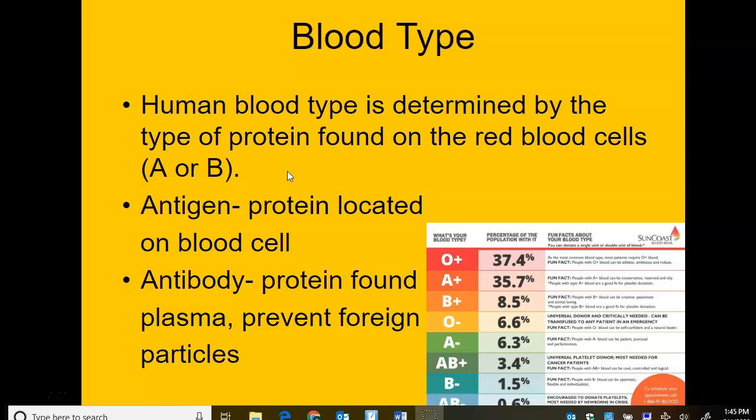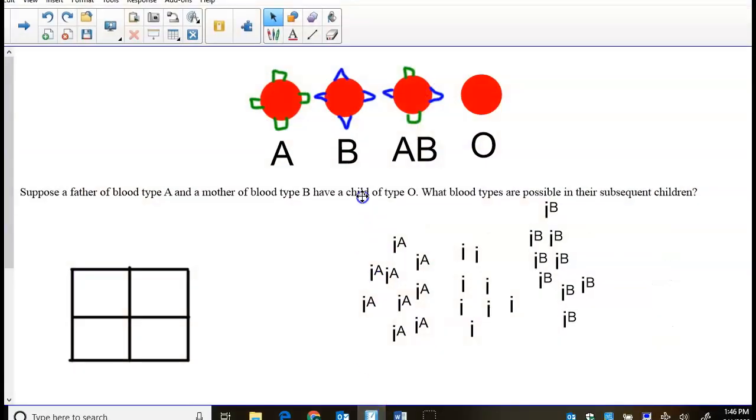An antigen is just a protein on the outside of the red blood cell. It's like wearing a uniform. Your body can identify its own blood cells by having the right antigen on the outside. So human blood type is really determined by whether or not you have the A antigen or the B antigen, or both, or neither. So let's take a look here at our options.